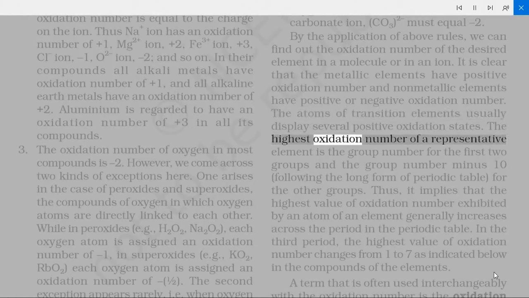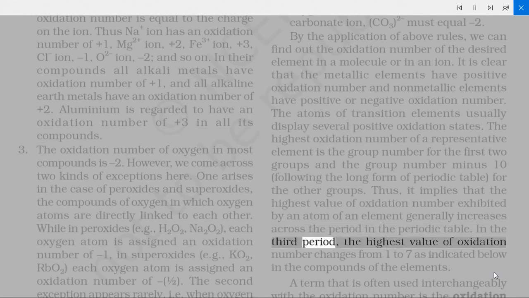The highest oxidation number of a representative element is the group number for the first two groups and the group number minus 10, following the long form of the periodic table, for the other groups. Thus, it implies that the highest value of oxidation number exhibited by an atom of an element generally increases across the period in the periodic table.